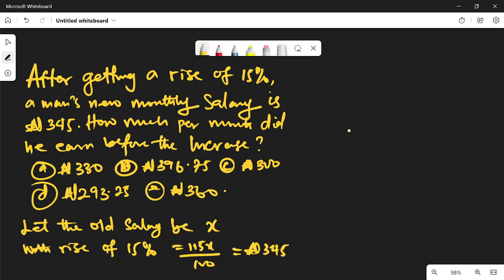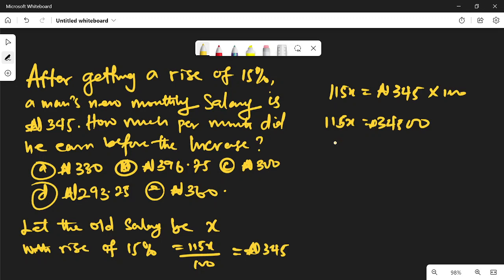So what will be the value of x? When you cross multiply, you're going to have that 115x is equal to 345 multiplied by 100. So 115x is equal to 34,500.